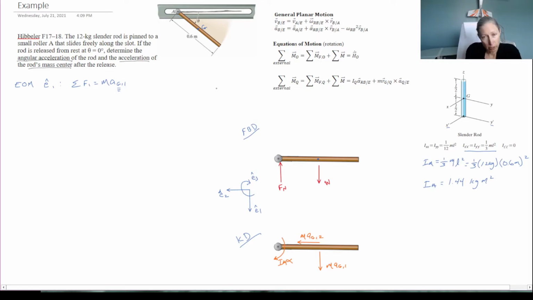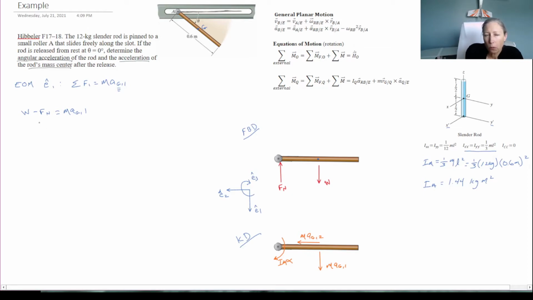But at least for the translational equations of motion, we always use the mass center. And so, I'm going to expand my forces. In the E1 direction, we've got the weight force, which is acting in the positive E1 direction. The normal force is acting in the negative E1 direction, and that's going to equal MAG1.